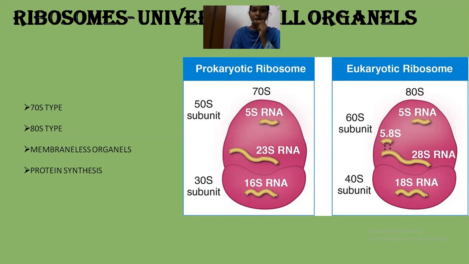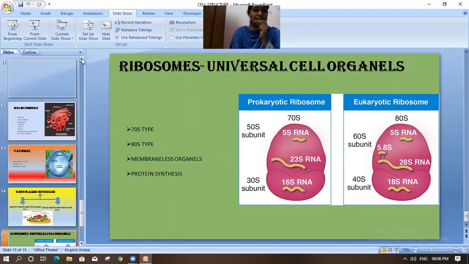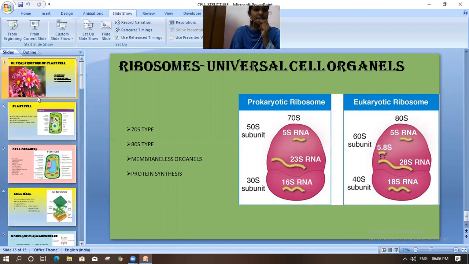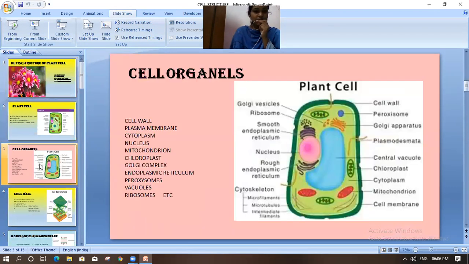Inner to the cell wall, there is the plasma membrane. The plasma membrane is the boundary for all the cell organelles. It is lipoproteinaceous and semi-permeable in nature.